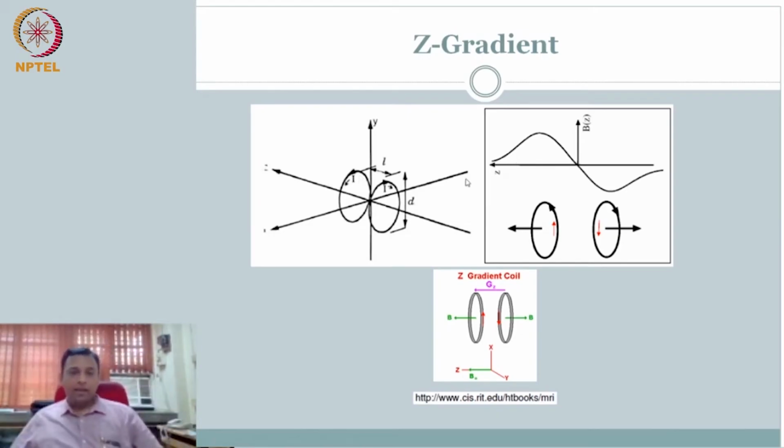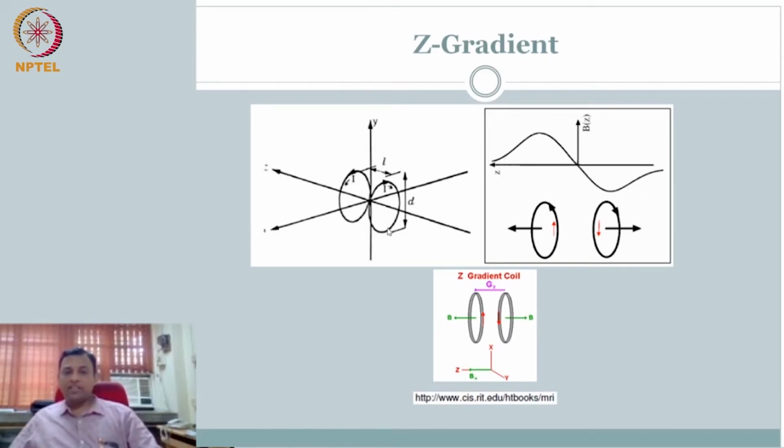Depending on the length of separation and the diameter of this, your field strength B of Z can change. So essentially from head to toe, you are going to have different field strengths. That is what this is saying, right?